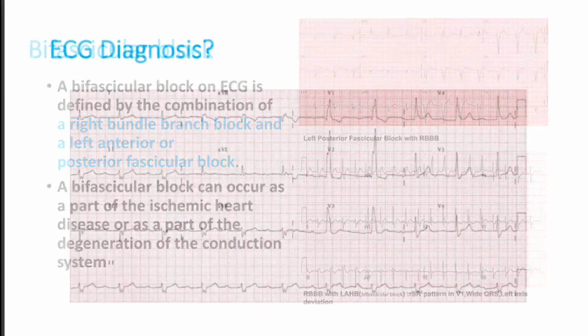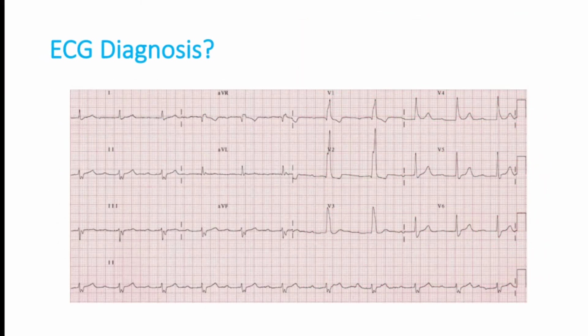Now look at this ECG. Can you make out the diagnosis in this ECG? So you have an RBBB pattern in V1, V2. There is a left axis deviation. PR interval is prolonged. So LAFB is there, RBBB is there, PR interval is prolonged, that is first degree heart block.